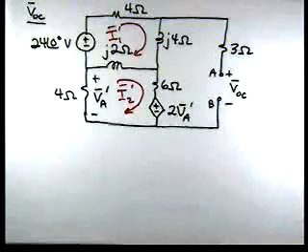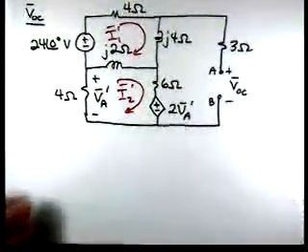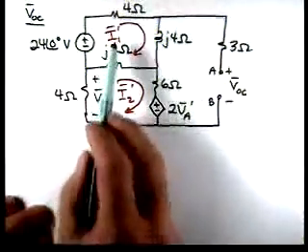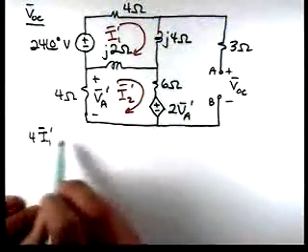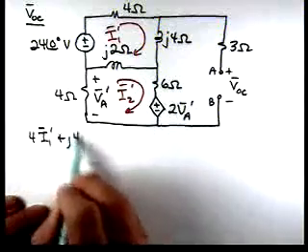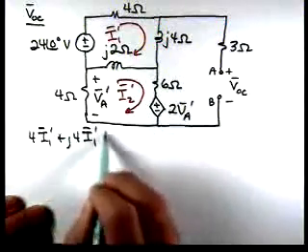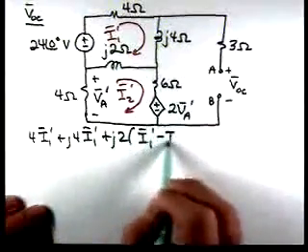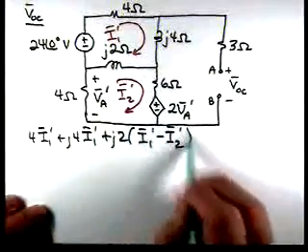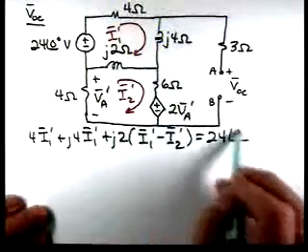So let's start with the mesh on the top. We have 4 I1 prime plus J4 I1 prime plus J2 times (I1 prime minus I2 prime) is equal to 24 at an angle of 0.